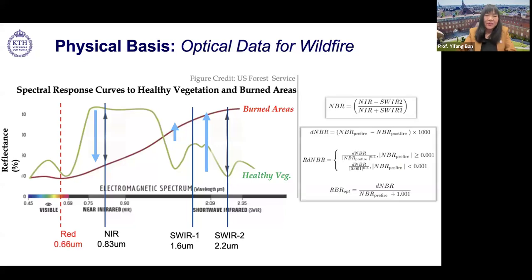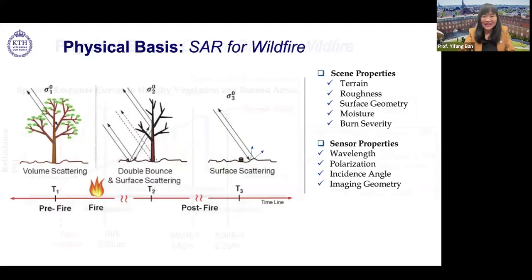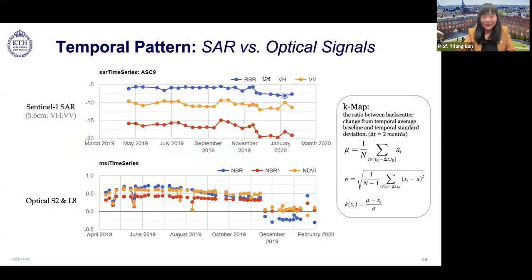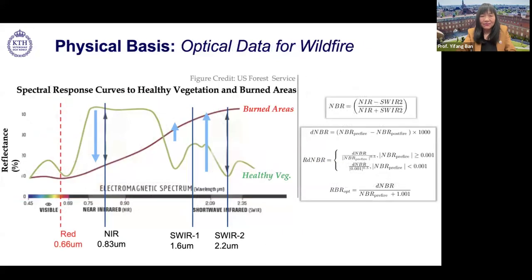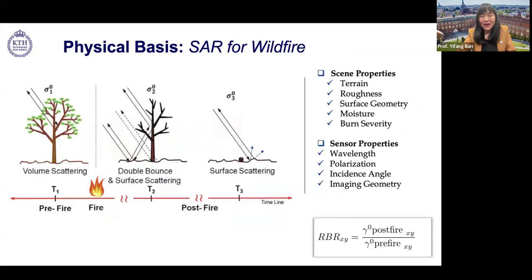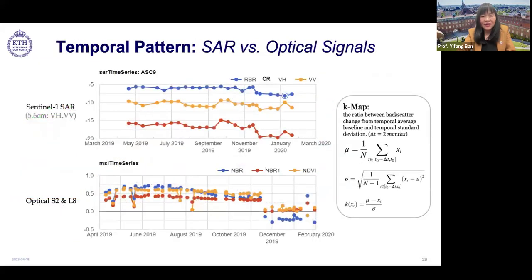I think most of you maybe already knew about this. So you have burned area and unburned area; with optical data it's quite easy to detect. But for SAR, it's a little bit difficult. It's not as easy. So you can see the big difference in terms of SAR's VV or VH.